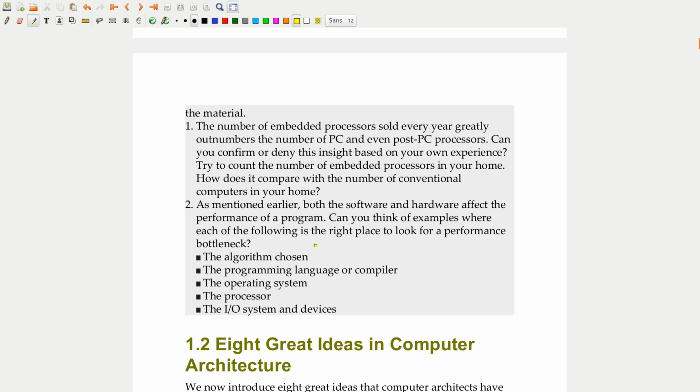But there's a subtle thing. If you want to think more like an architect, when we're thinking about the algorithm chosen, we need to also think about the platform that we're working on. So if we're working on a CPU, we have to keep in mind that CPUs are not very parallel compared to a GPU.